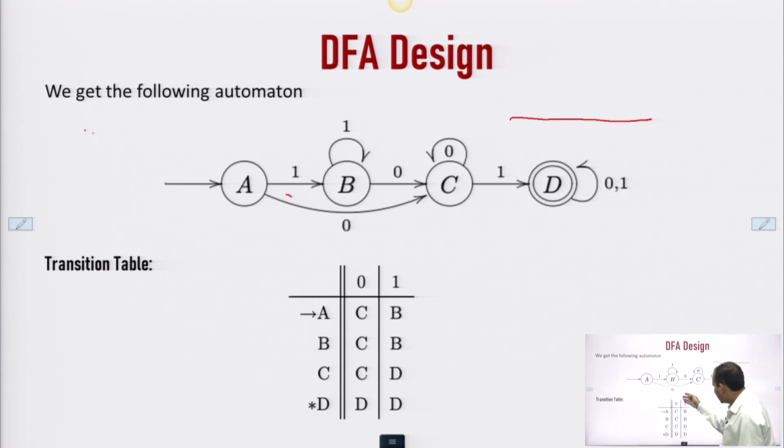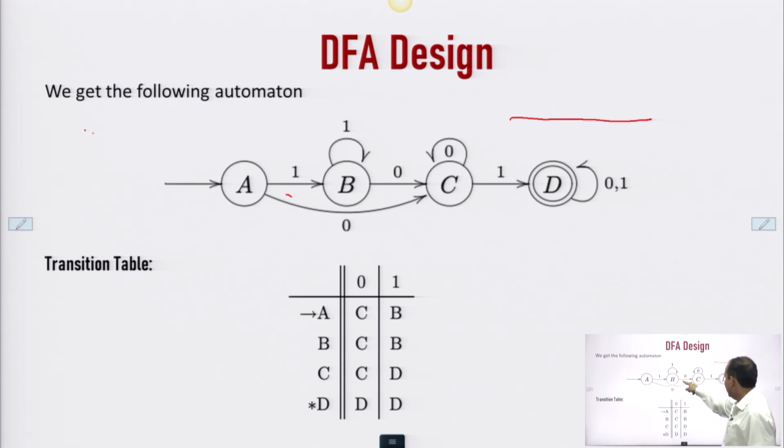And this is the transition table for this DFA. In this transition table, I have all the states A, B, C, D. A is the initial state, D is the final state. If in state A the input is 0, it goes to state C, so I have written C here. If in state A the input is 1, it goes to B, so I have written B here.